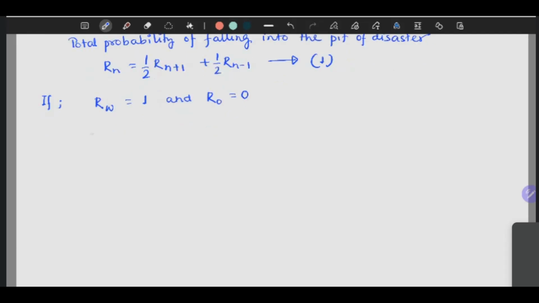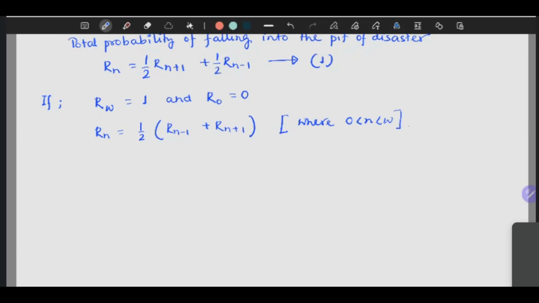And we are also getting R_n is equal to half R_(n-1) plus half R_(n+1), where n is in this region.